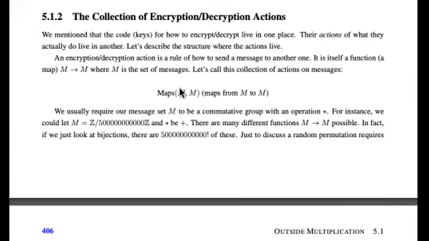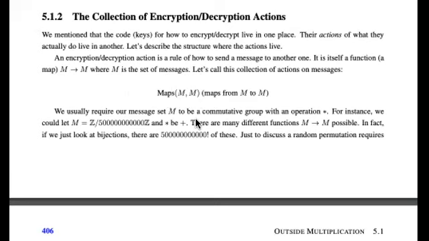So it's going to take a message to another message. It's going to be a function or map from M to M. So every action is going to be a function, okay? A function from M to M.